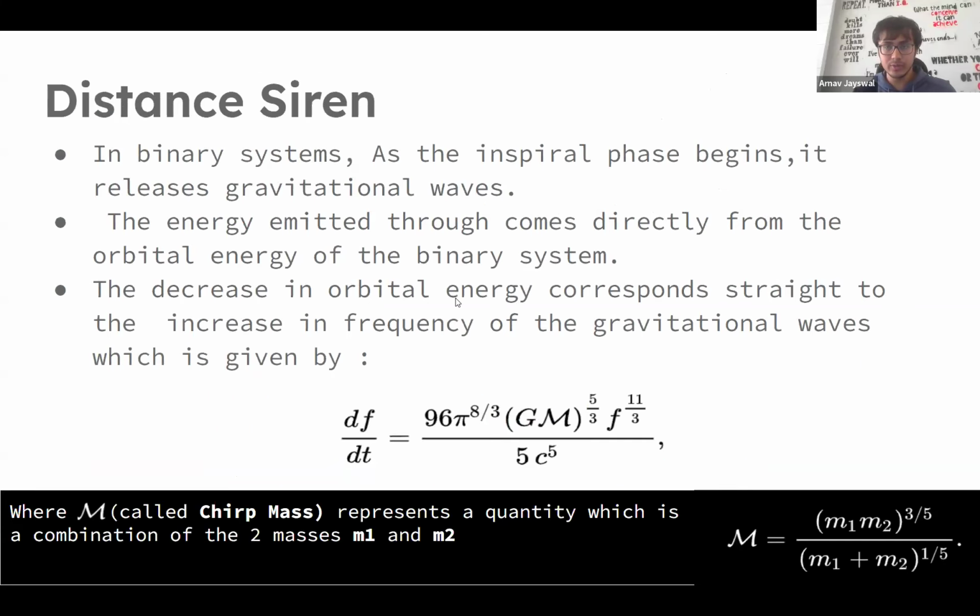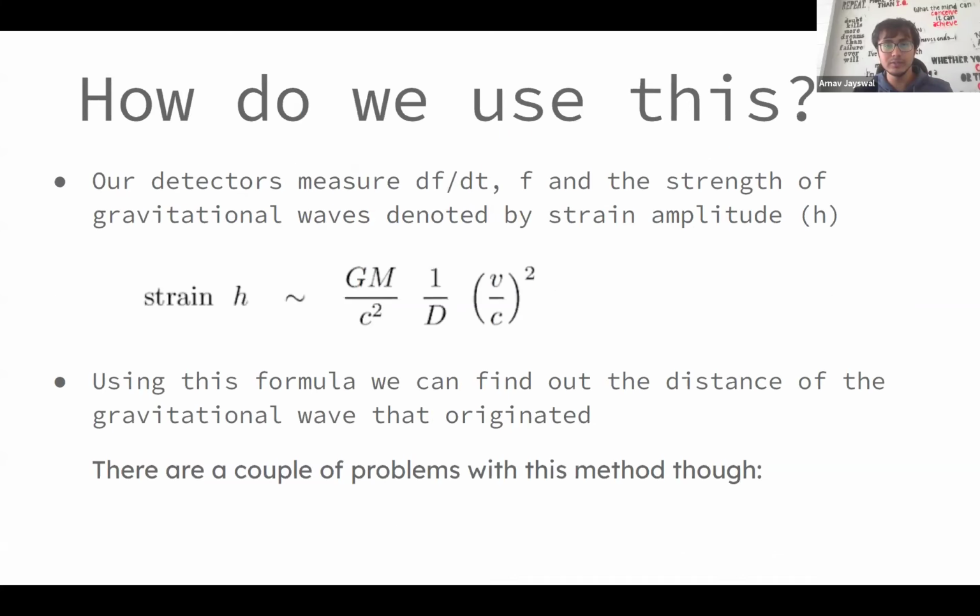Based on these two equations, from the first one we find the chirp mass, and from the second one we find the distance. So based on these two equations, we can find out the distance from our planet to the binary black hole system or anything. So yeah, this is the strain. This is how these detectors work.